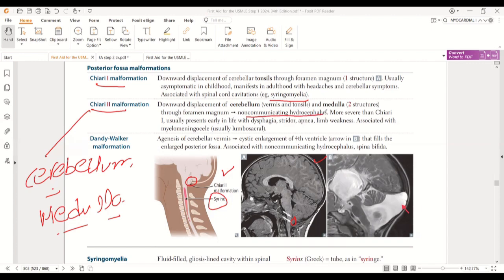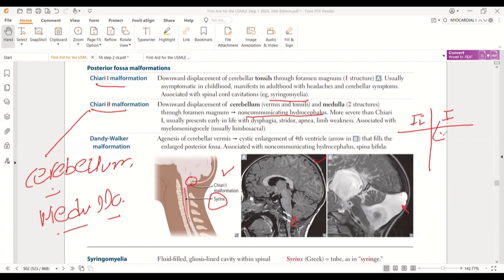So Chiari 1 is associated with syringomyelia. This is again a high yield one. Typically the patients are asymptomatic in the Chiari 1 malformation, while in Chiari 2 it is symptomatic. So the difference between the two: one is associated with syringomyelia, and two is associated with non-communicating hydrocephalus.